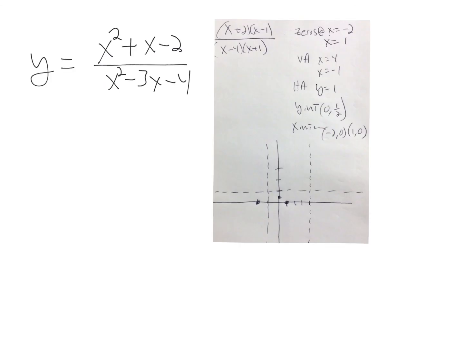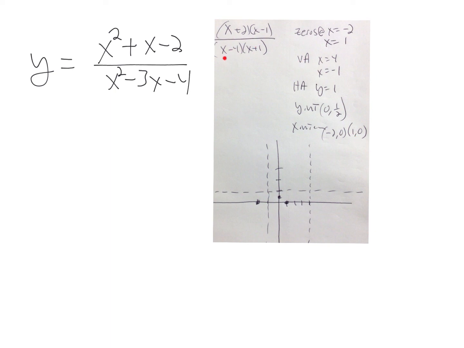Okay, so for this question, I decided to tackle this with algebra, not using any calculus yet. And I factored the numerator, factored the denominator. Where the numerator is equal to 0, then I know that's where it crosses the x-axis. So x-intercepts are at -2 and at +1.